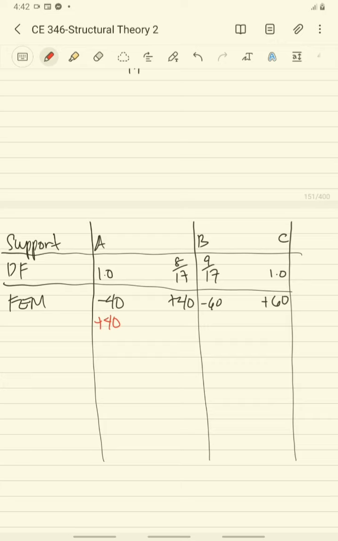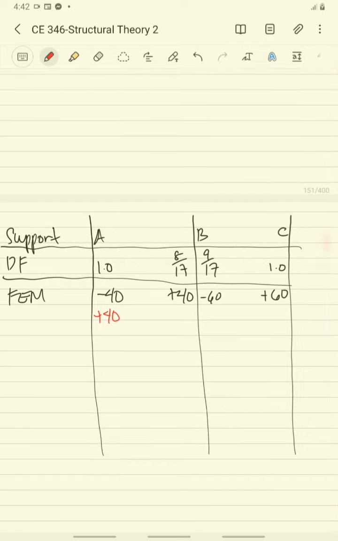Then for support B, the moment for B to A is positive 40, and the moment for B to C is negative 60. So there is an unbalanced moment. So we have positive 40 minus 60, a discrepancy of positive 20.